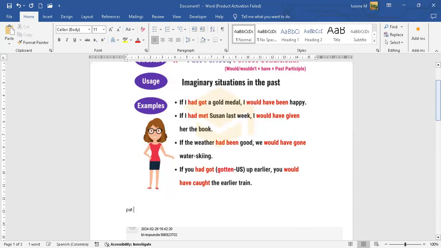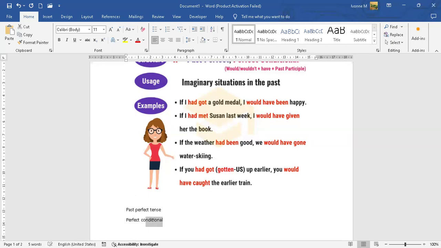Remember the past perfect. I didn't prepare a slide about the past tense, but we are going to the past perfect tense. And we have the conditional, the perfect conditional.